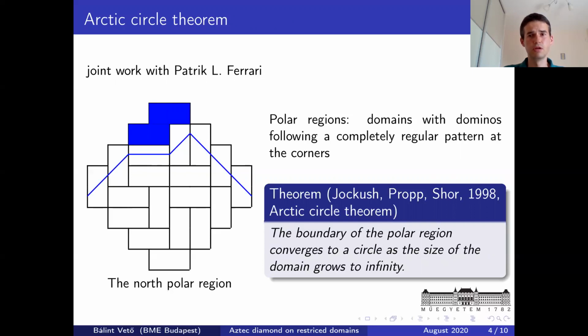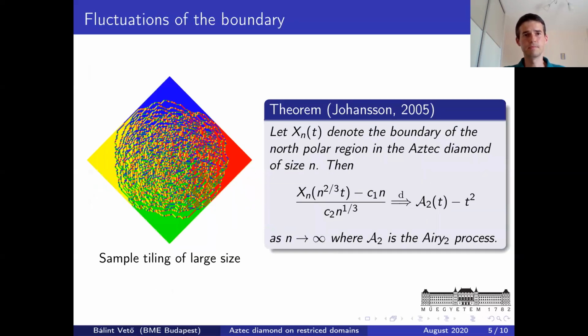And it was proved already more than 20 years ago that as the size of the Aztec diamond tends to infinity, then this boundary will converge in some sense to a circle. Here is a simulation picture that has a larger size, and here you already can see this circle-like boundary, which is still fluctuating.